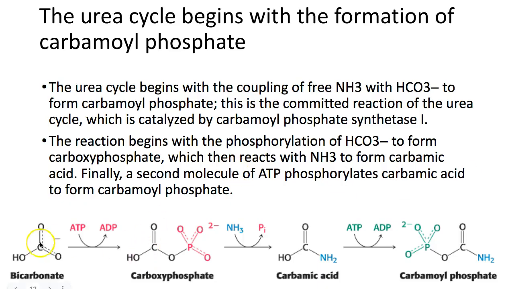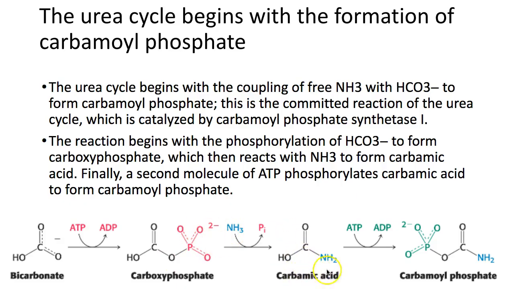So you have the bicarbonate. It goes through an ATP-driven type of reaction within this enzyme called carbamoyl phosphate synthase 1. And you have this phosphate group that is attached. Then you have that free ammonium ion that replaces it.